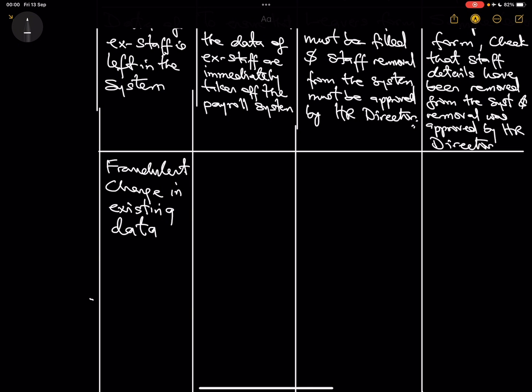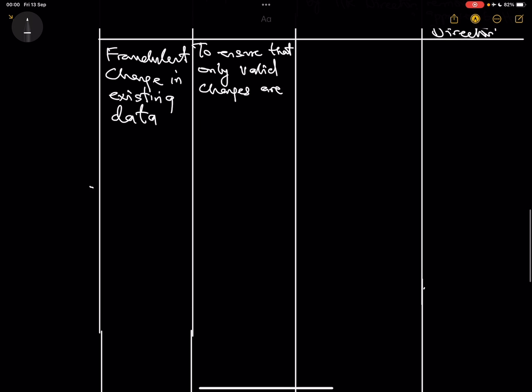And what do we want to achieve? We want a control that will ensure that only valid changes are made to staff payroll data.